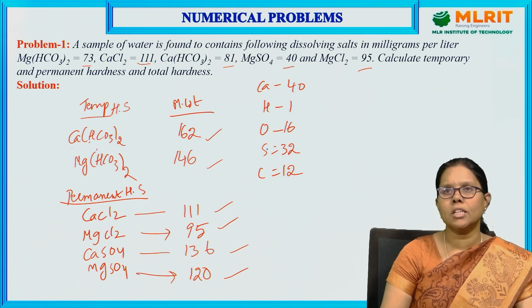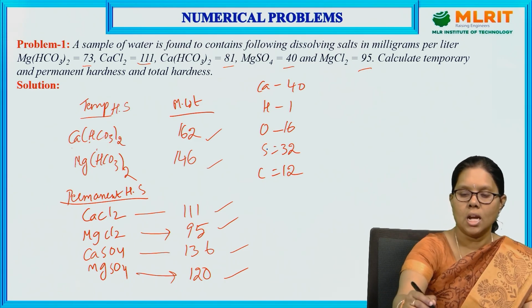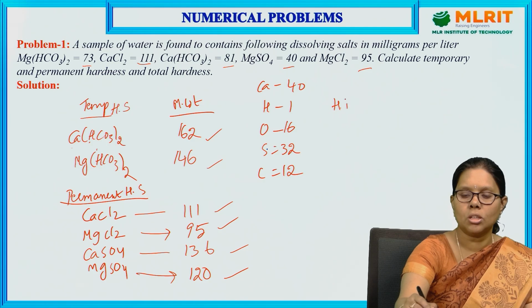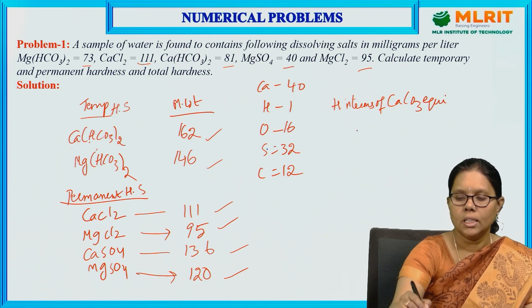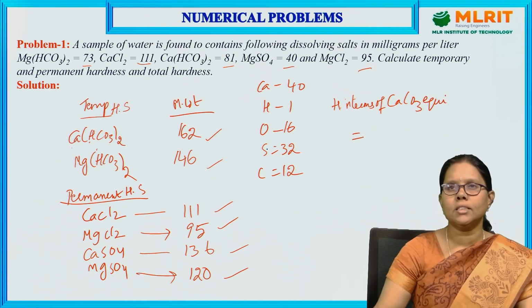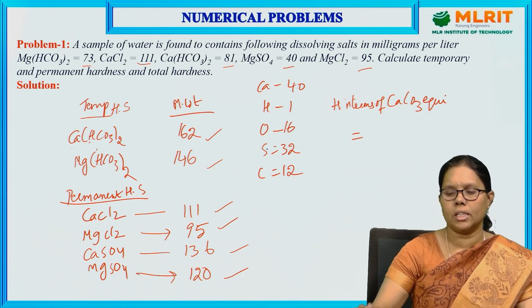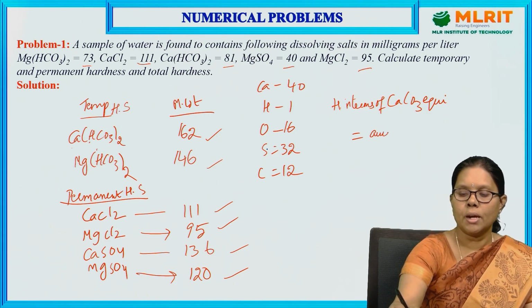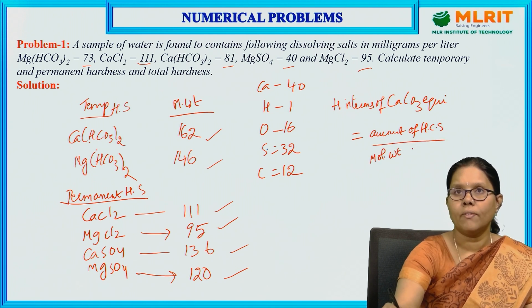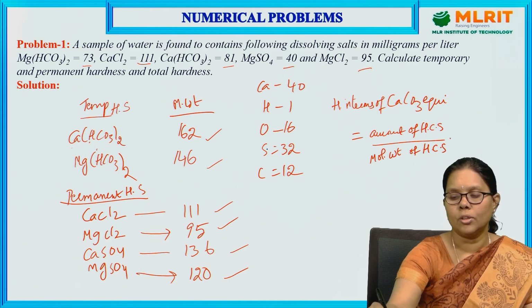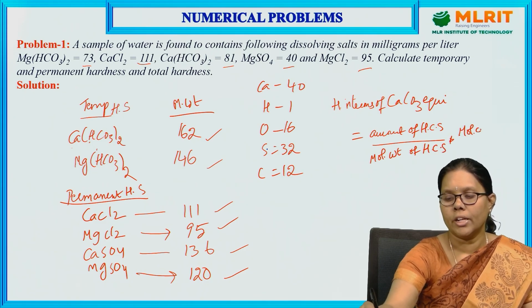How to convert in terms of CaCO3 equivalent? Hardness in terms of CaCO3 equivalent is equal to the amount of hardness causing salt divided by the molecular weight of the hardness causing salt, multiplied by the molecular weight of CaCO3.